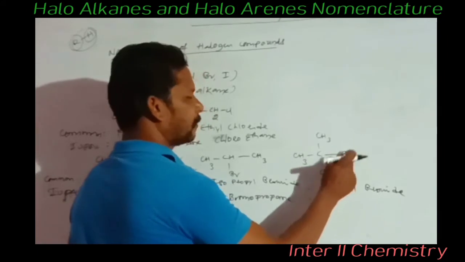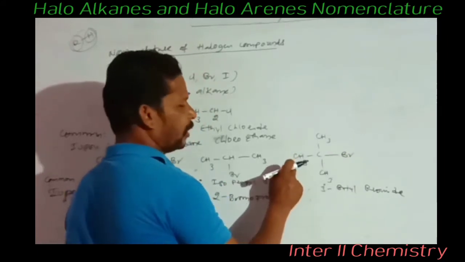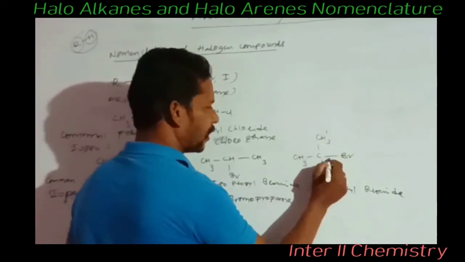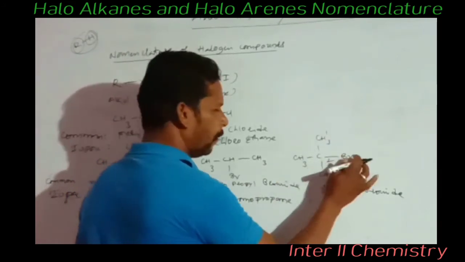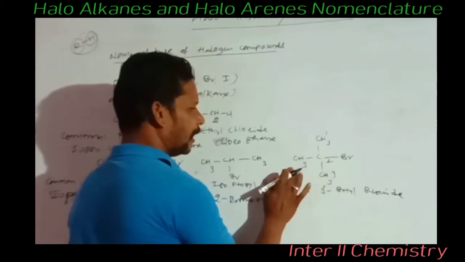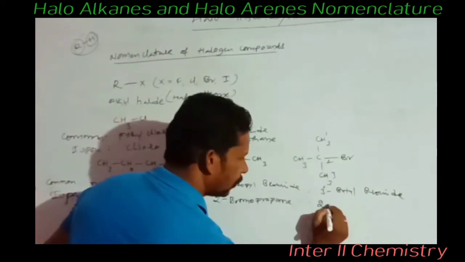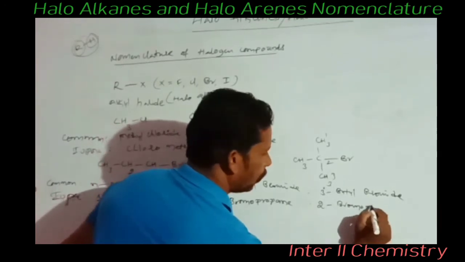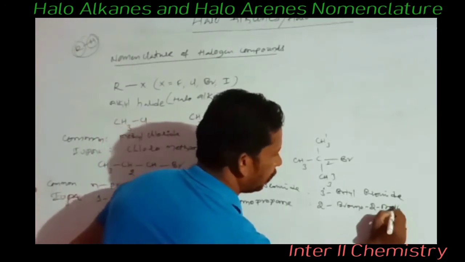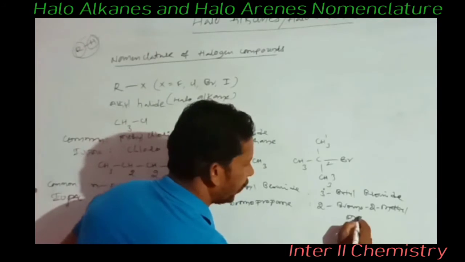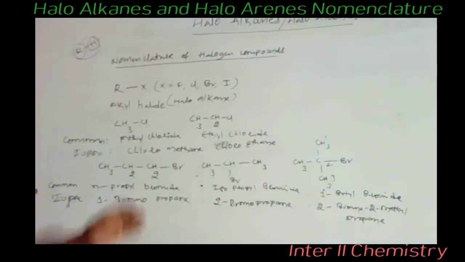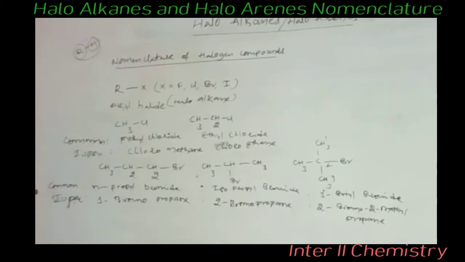Bromo means B, methyl means M. So you give the numbers like this: 2-bromo-2-methylpropane. So like this we can give the IUPAC nomenclature for the haloalkanes.